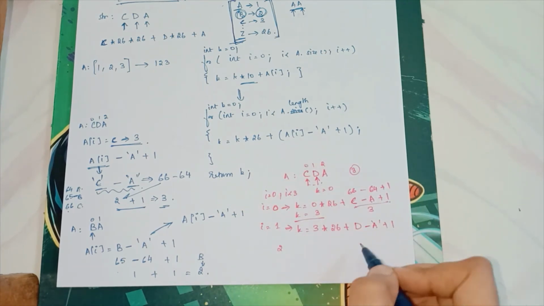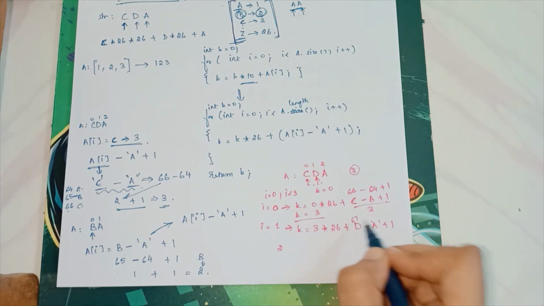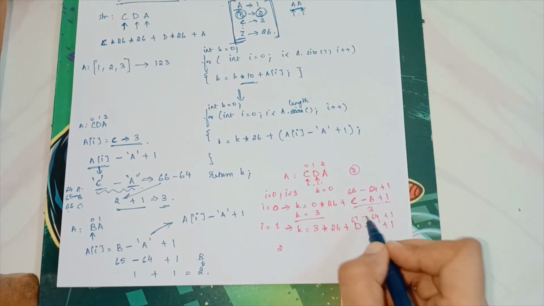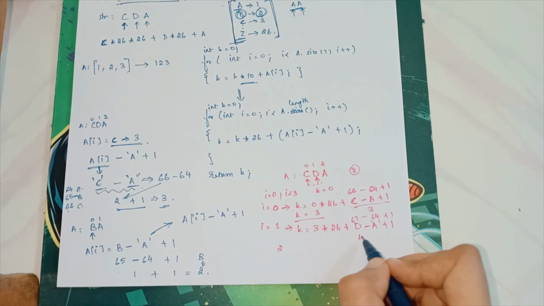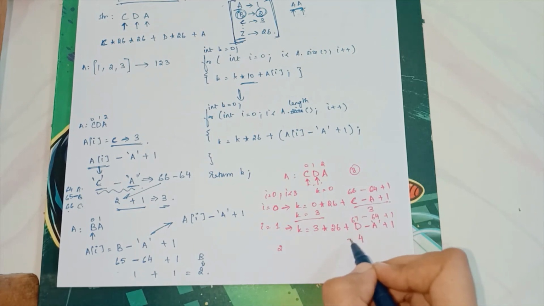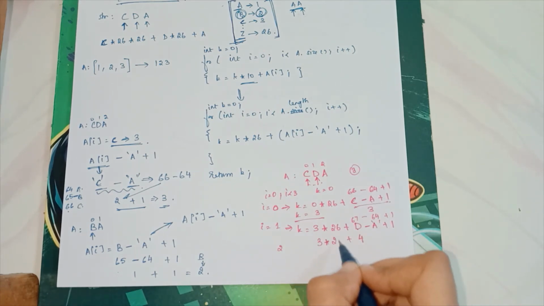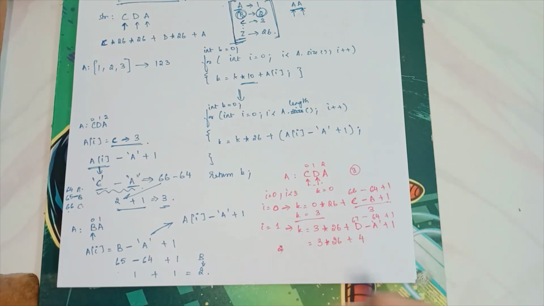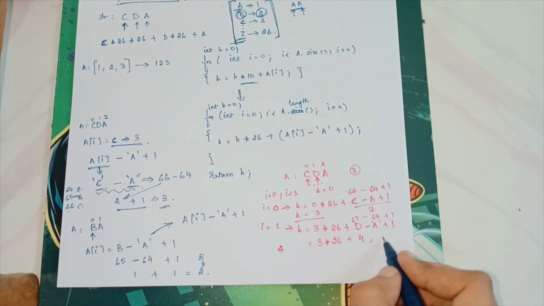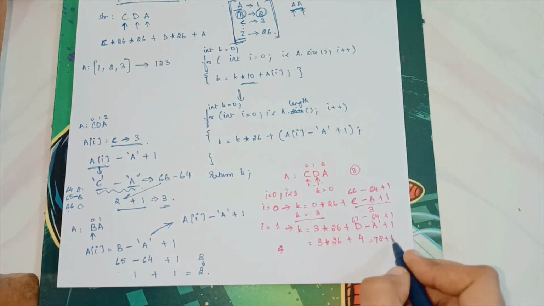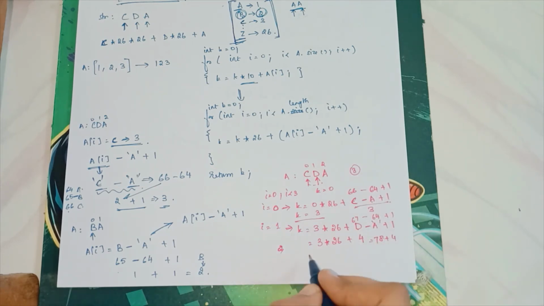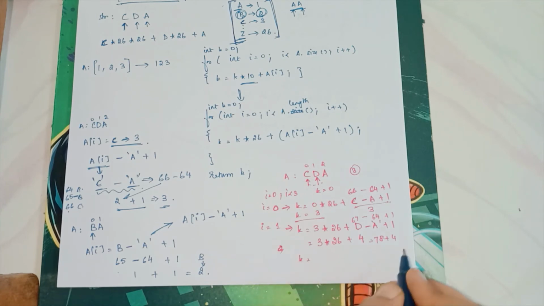So this is nothing but 67 minus 64 plus 1, so you are going to get the value of 4. So D is 4, plus 3 into 26. 3 into 26 is 78, plus 4. Now K will be equal to 82.